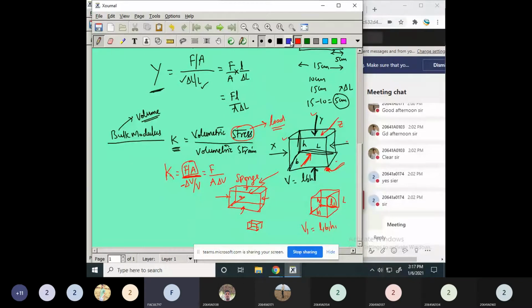Into the remaining value V, which comes to the numerator. So this will be the equation for the bulk modulus: K equals minus FV by A delta V. This is the expression for the bulk modulus.